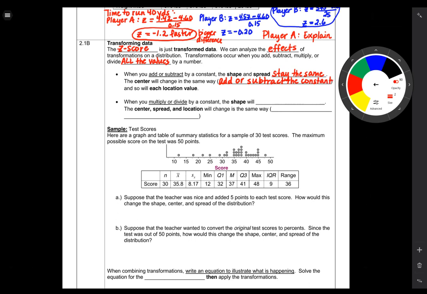When you multiply or divide by a constant, the shape will stay the same. The center, spread, and location will change in the same way, meaning multiplied or divided by the constant.